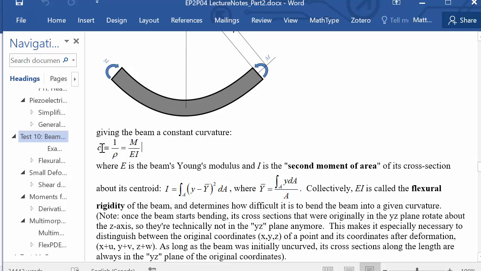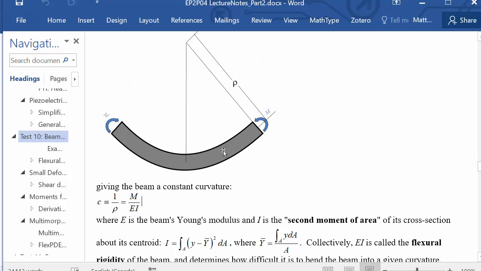So curvature, which is 1 over the radius of curvature, is equal to the moment that's applied in the direction shown, divided by the flexural rigidity for bending about this axis, and that's based on how far away points are from the center, from the centroid of that axis about that given cross section.